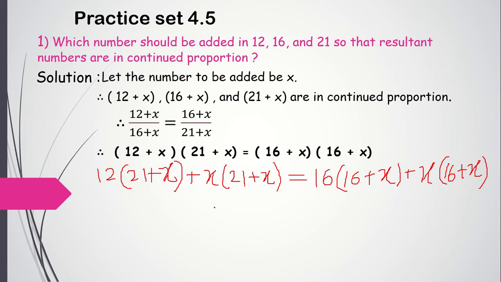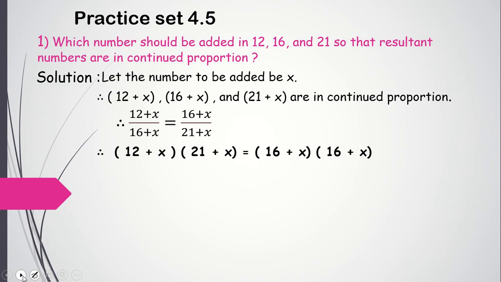Now multiply that inside the bracket. So 12 into 21 plus 12 into x plus x into 21 plus x into x is x square is equal to 16 into 16 plus 16 into x plus x into 16 plus x into x. This is how we are going to multiply it inside the bracket.